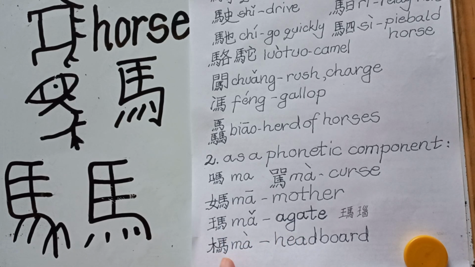And then finally we have the combination between mu and Ma, the new meaning being headboard, ma. Okay, so this is a very clear example of how one basic character can be used both as a radical and as a phonetic component.